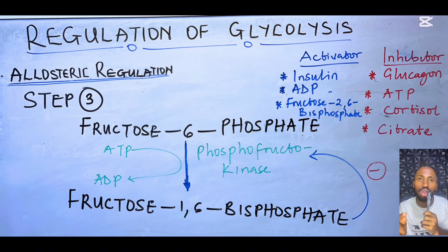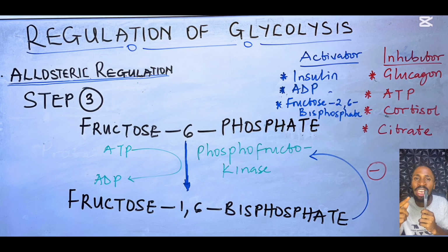So we have three activators. The first activator is insulin. The second is ADP. The third is fructose 2,6-bisphosphate. What is inhibiting here? The same inhibitors, ATP and glucagon. But there's one important additional inhibitor, which is citrate. Citrate is formed when acetyl CoA is combined with oxaloacetate.